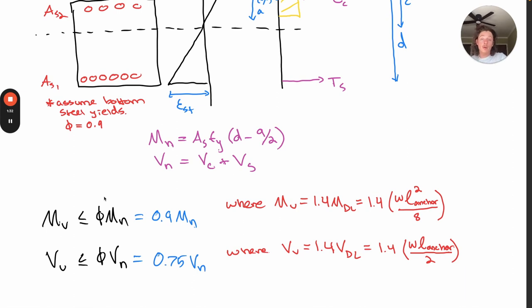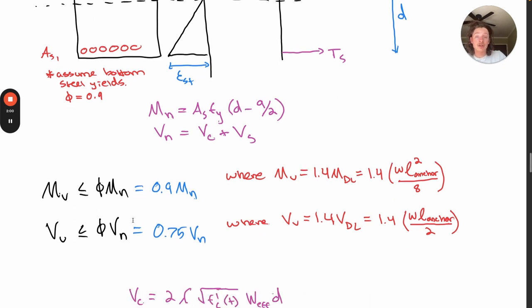Whereas that ultimate moment is going to be 1.4 times the dead load moment, or 1.4 times the dead load shear, which we can then just plug in the equations we derived in an earlier section where I showed those moment and shear diagrams to get our full equation for moment and for shear. That is going to be the demand.